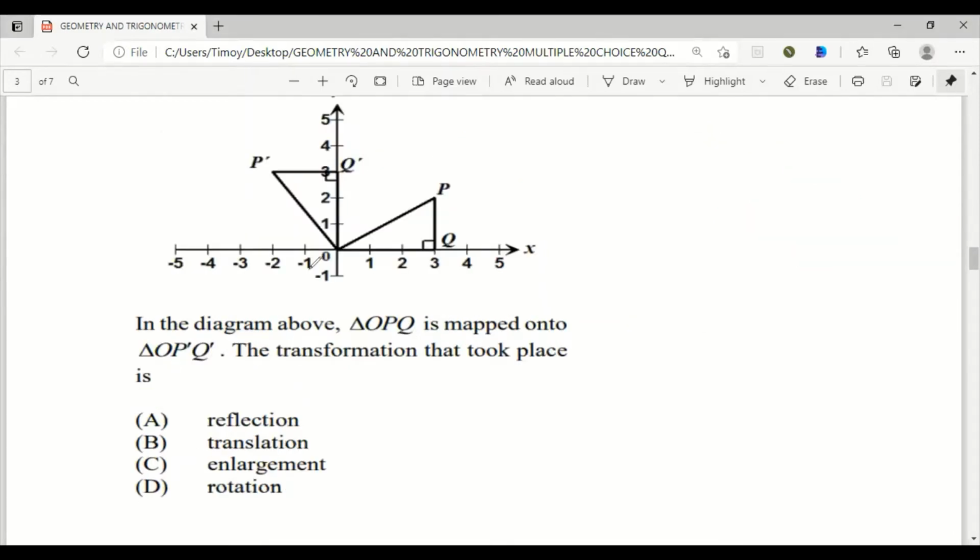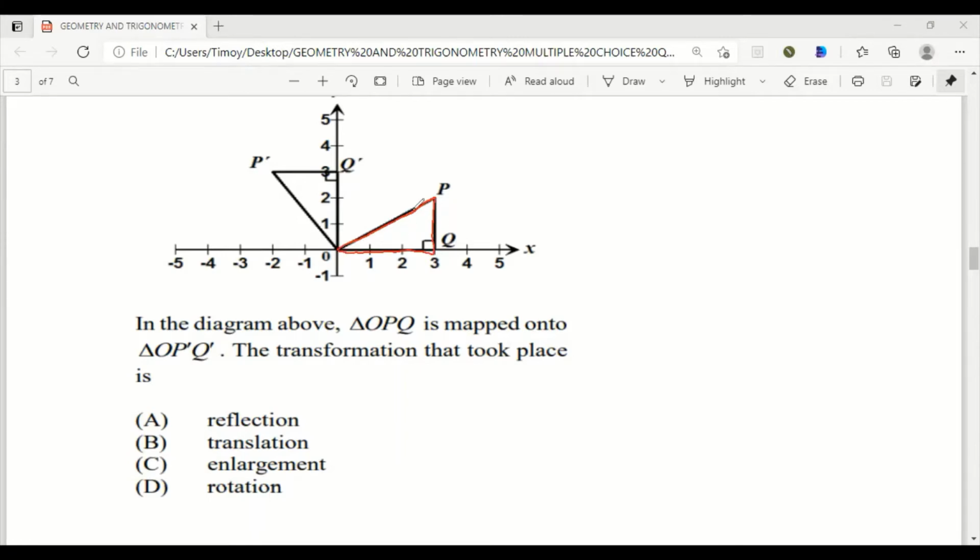That's it. In the diagram above, triangle OPQ is mapped onto triangle OP prime Q prime. The transformation that took place is, let's observe it. So this is triangle OPQ. That's a triangle there.